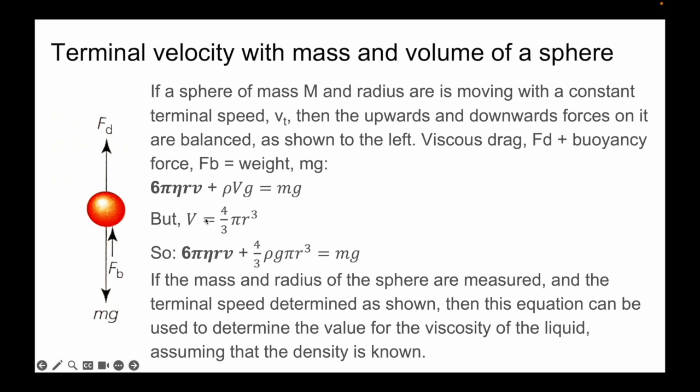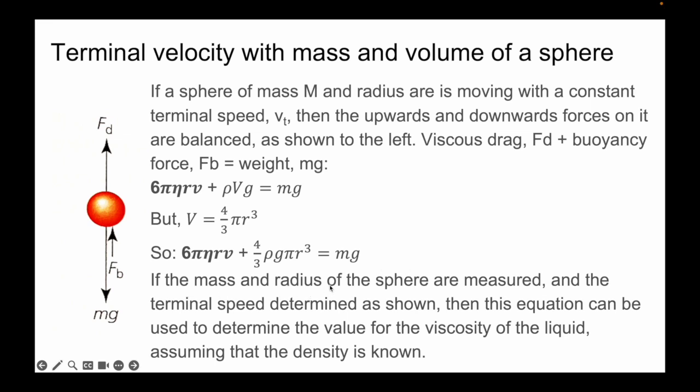But now we can add in the volume of a sphere, which is 4 on 3 pi r cubed. We use this volume and substitute it in for the V's above. So we end up with Stokes' law plus 4 on 3 rho g pi r cubed equal to mg.